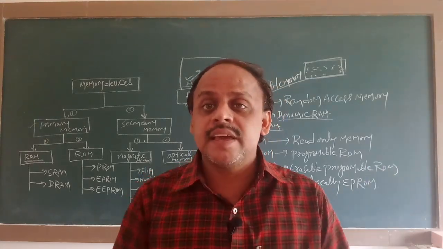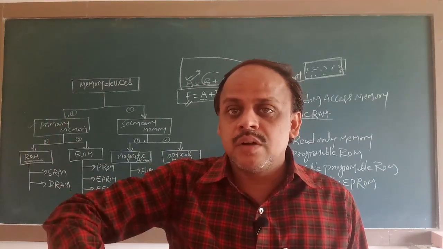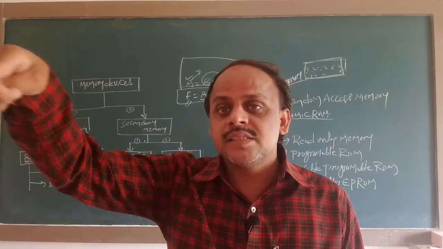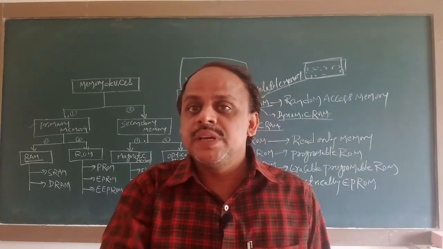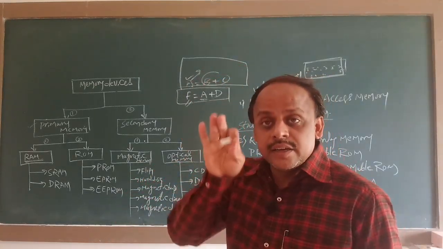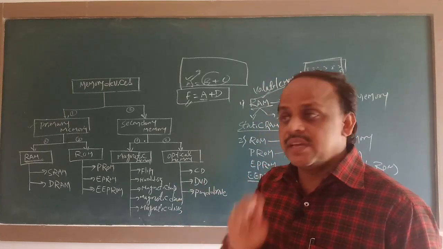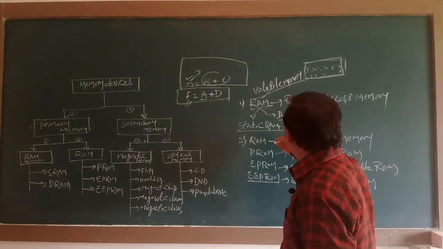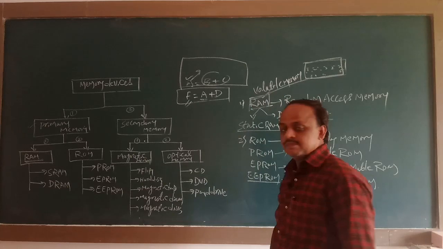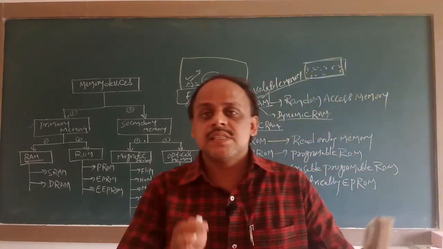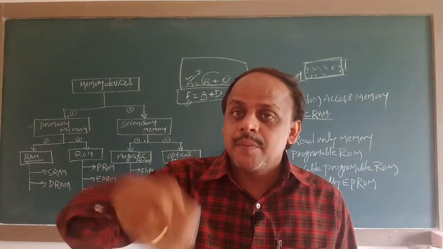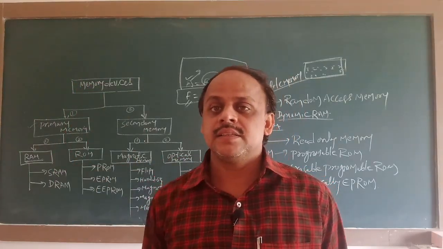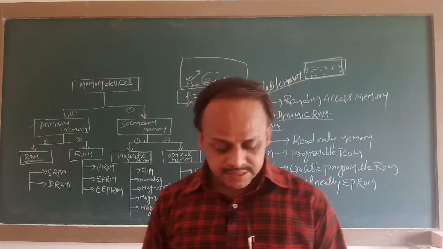Suppose UPS is there, whenever the power goes off, automatically current is supplied due to that UPS device. So using UPS we can save data or instructions which are available in RAM. If UPS is not there, when power goes off, then automatically RAM content will be erased. So like this he says.